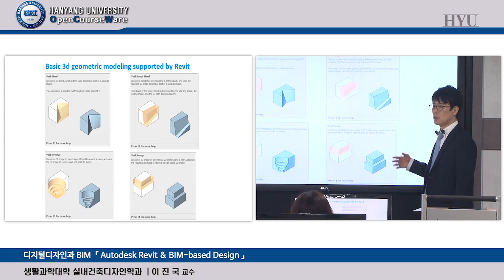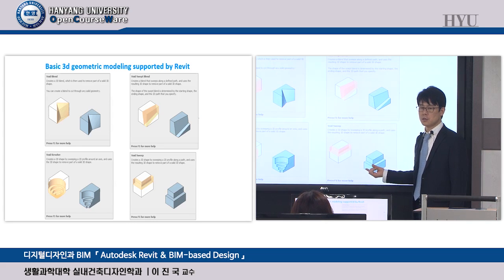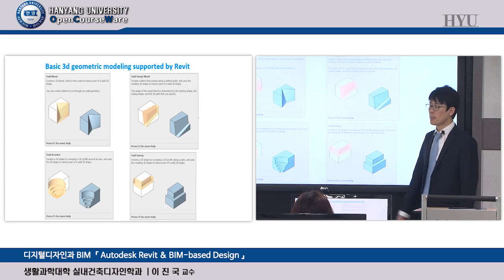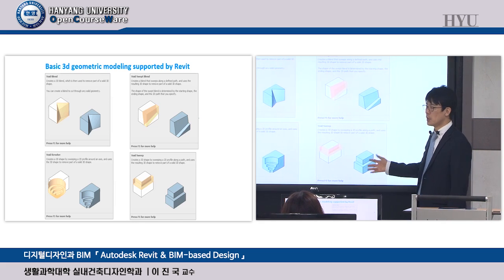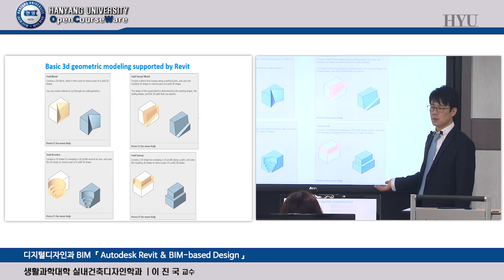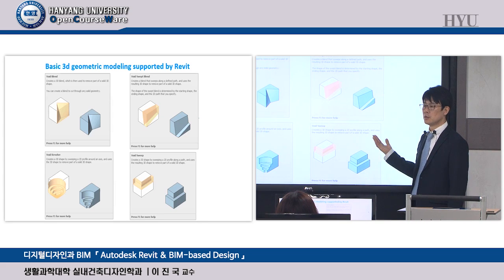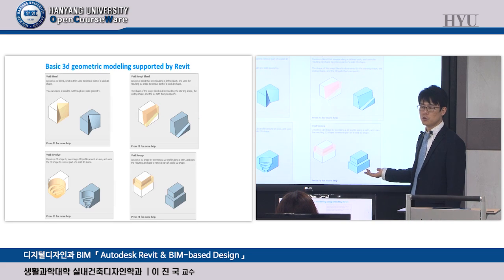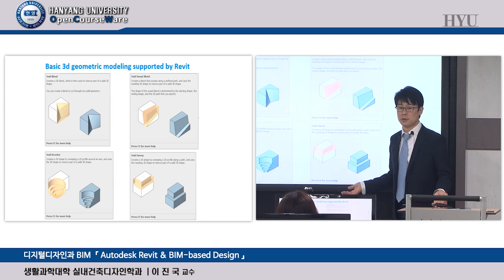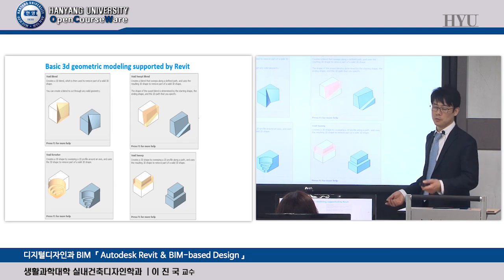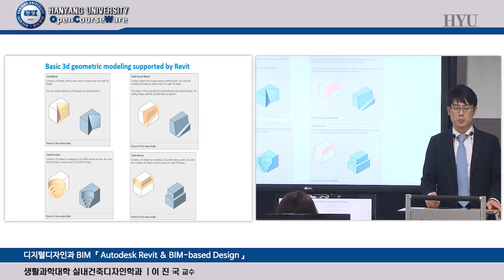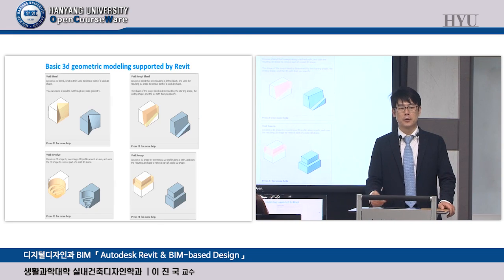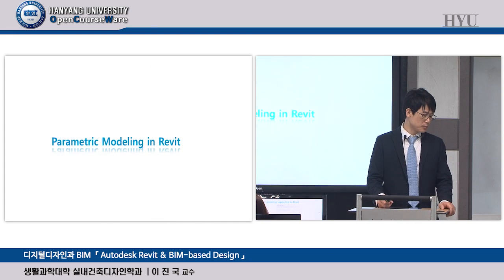Even if it looks complicated, whatever it is, it's all solid. So very complicated geometry is sometimes really heavy, and a solid model usually has a very big file size, and you need a fast and expensive computer for handling BIM tools.